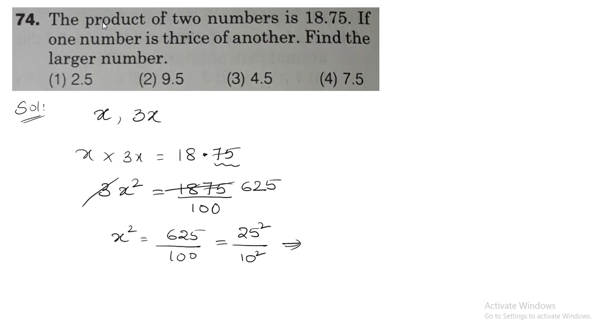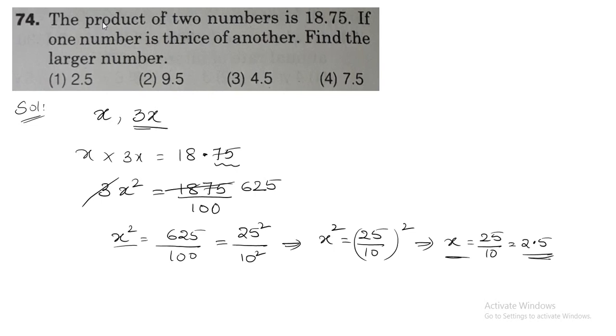Since both have squares, I can write x square is equal to 25 by 10 whole square. On comparing, x is equal to 25 by 10, which is 2.5. The value of x is 2.5.